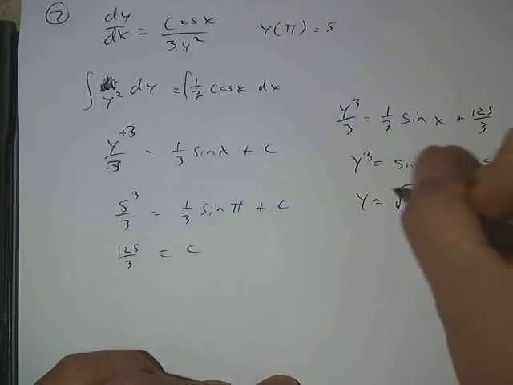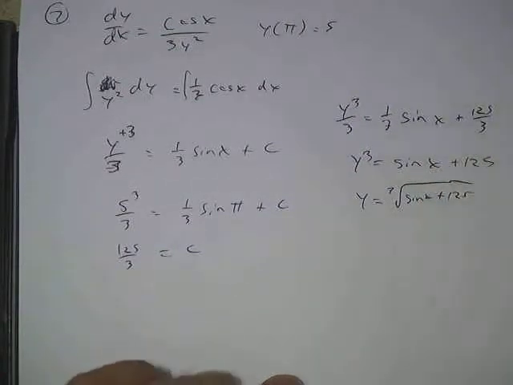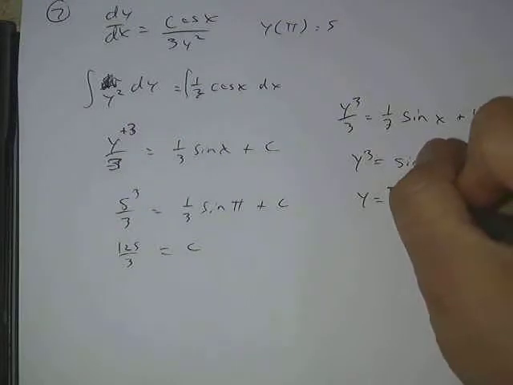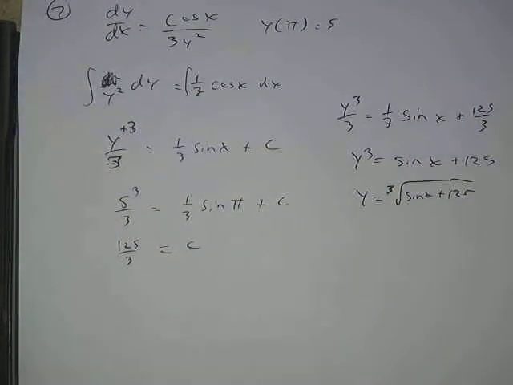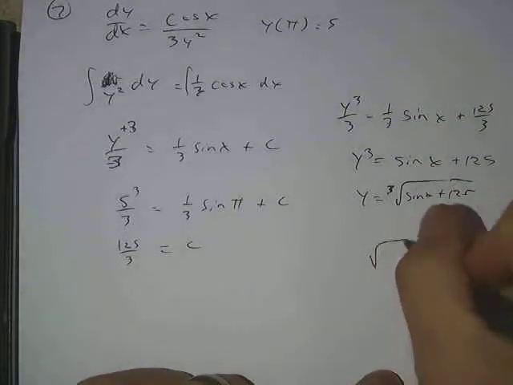And then if we put in a 5 here, we get 5 cubed over 3 on this side, 1/3 times sine of pi plus c. Ultimately, c then would be 125/3. Sine of pi is 0. So with that, we'd have y cubed over 3 equals 1/3 sine x plus 125 over 3.